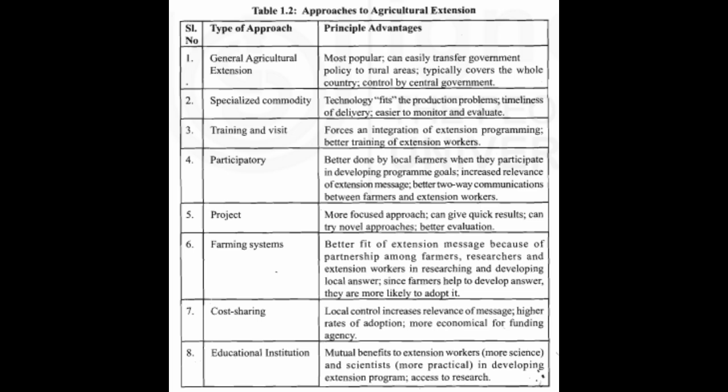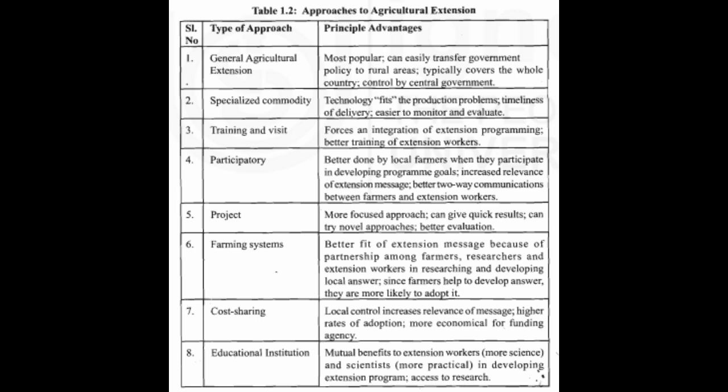According to Ensminger, 1961, extension philosophy should lay emphasis on the following. Changing attitudes, knowledge and skills of the people. Working with men and women, young people, boys and girls to address their needs and wants. Helping people to help themselves.